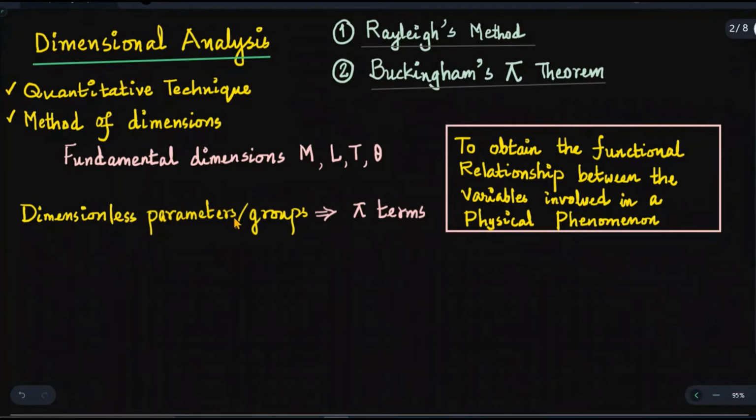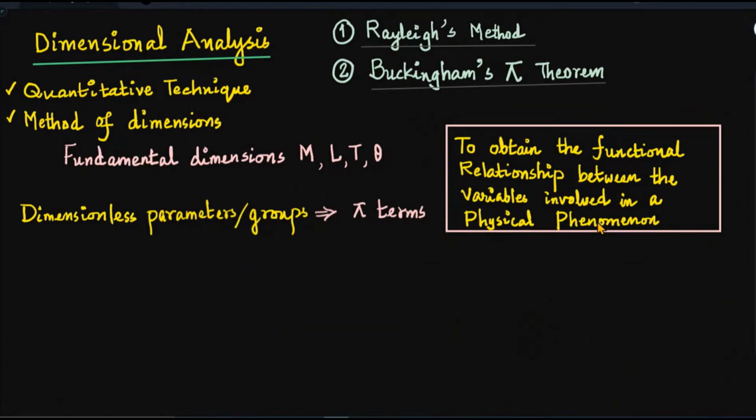Then what is the use of dimensional analysis? Basically, this method is used to obtain the functional relationship between the variables involved in a physical phenomenon. For example, the pressure variation in a pipeline flow. You want to study the pressure drop occurring in a turbulent flow in a pipeline.